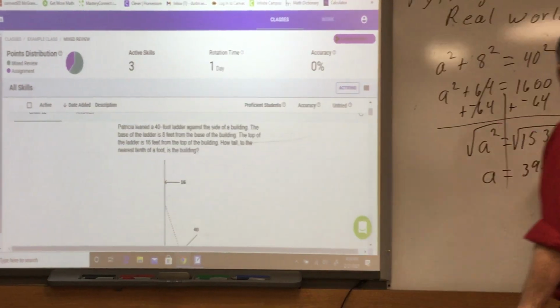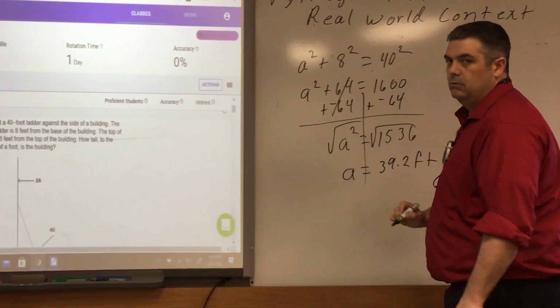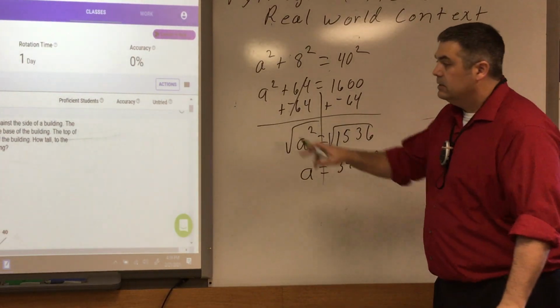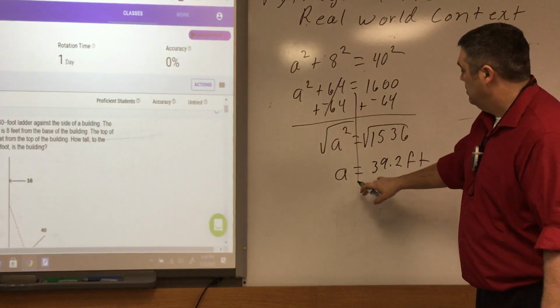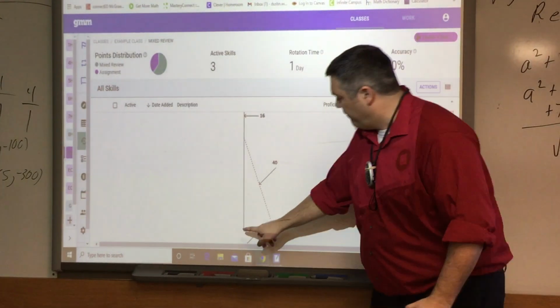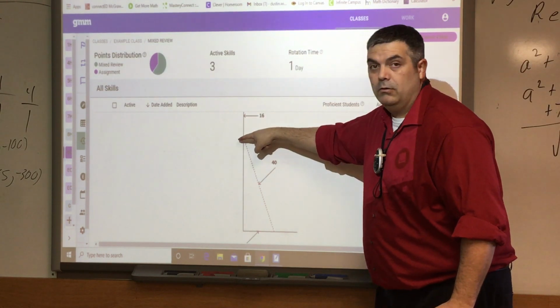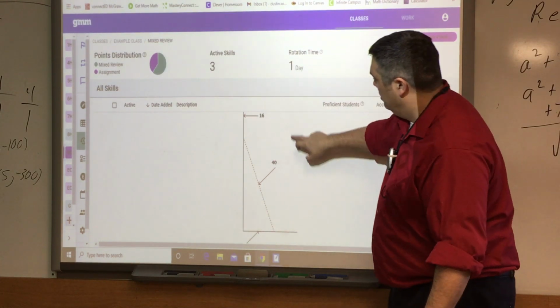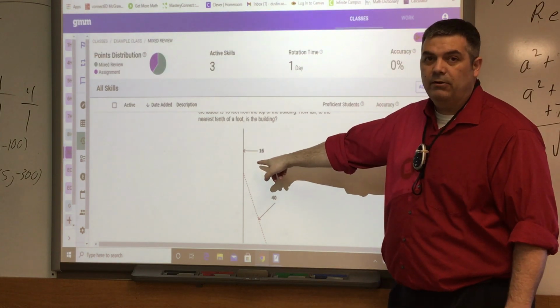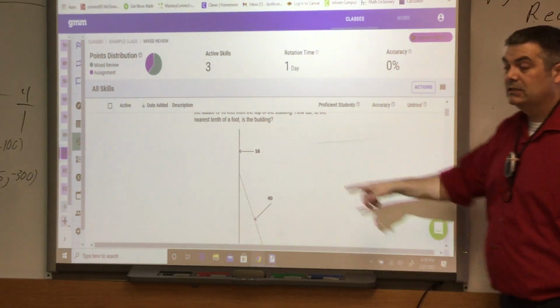Yeah, feet. But this is not your answer. You still have to add 16 to this, right? Because this number just gets us the distance from here to here, but we want the distance from here all the way to here, and that includes an extra 16 feet. So we have to add 16 feet to get a good answer.